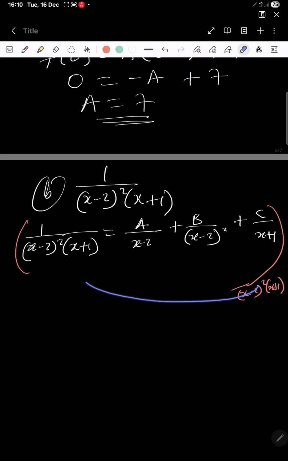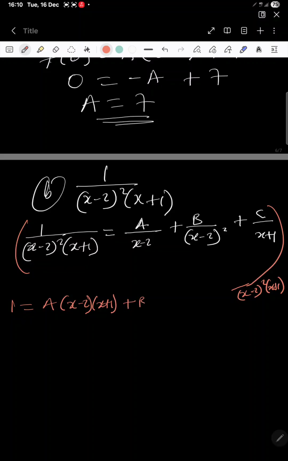When you multiply this and that, you only remain with 1 this side. So you only remain with 1 is equal to, you multiply this and this. You are going to find that the (x minus 2) and one of the (x minus 2) there will cancel. You are going to remain with A times (x minus 2) and (x plus 1).